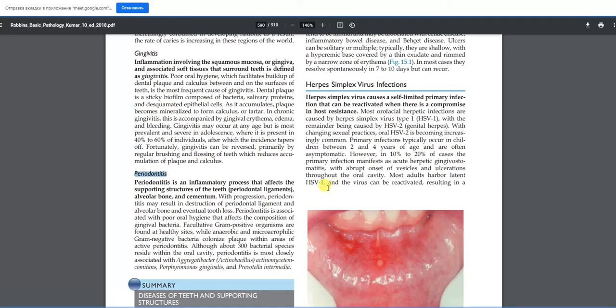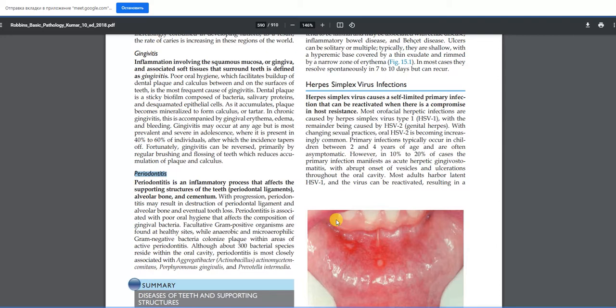Periodontitis. You know that a tooth is settled in the mandible with the help of the periodontium. Here it's covered by gingiva, a dense connective tissue. By density, it's like a ligament, and it supports the tooth in the mandible or maxilla.